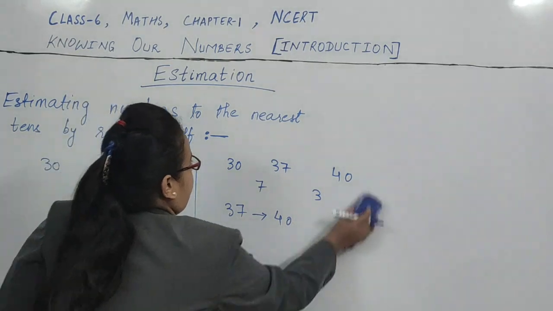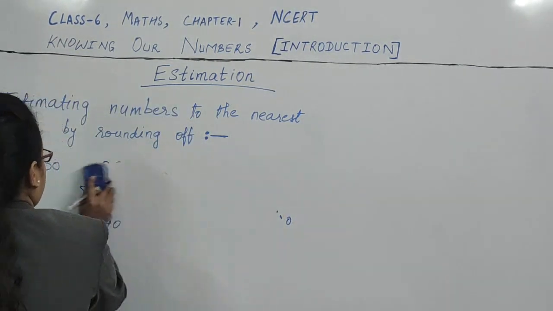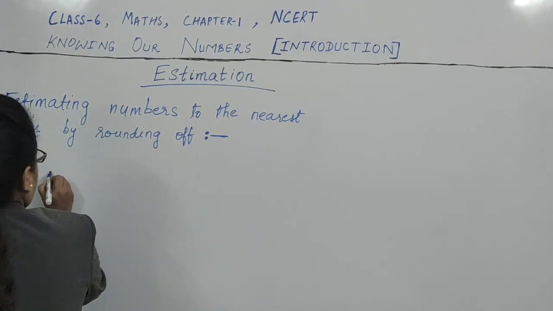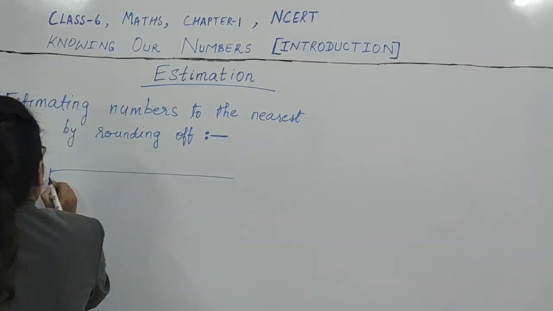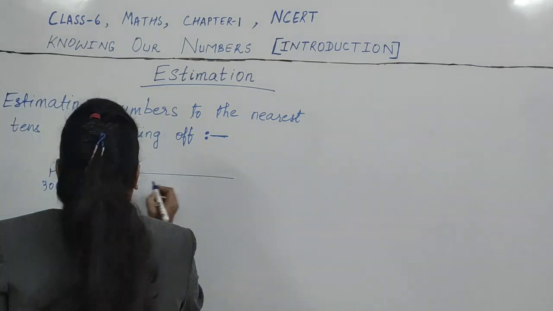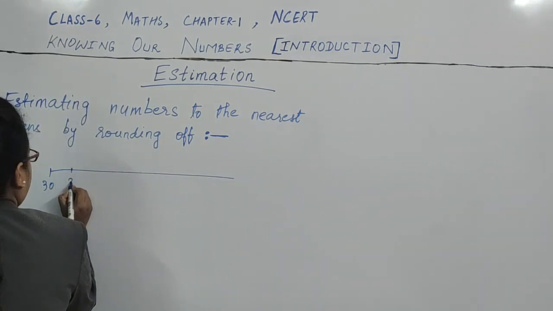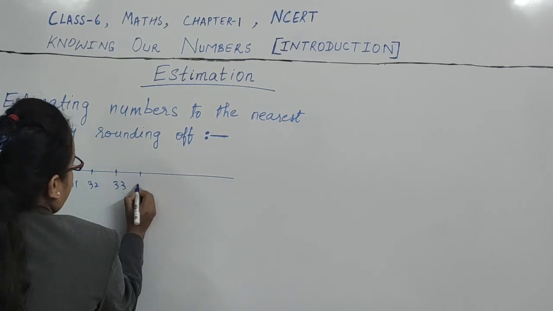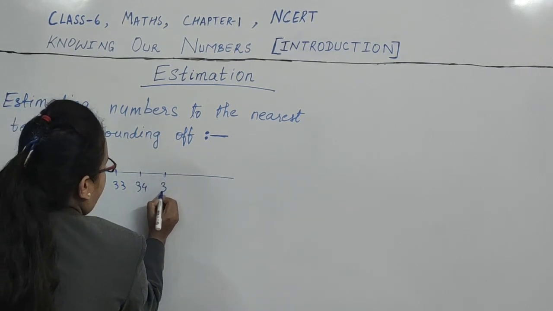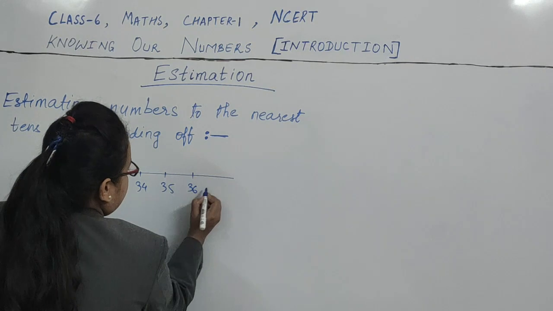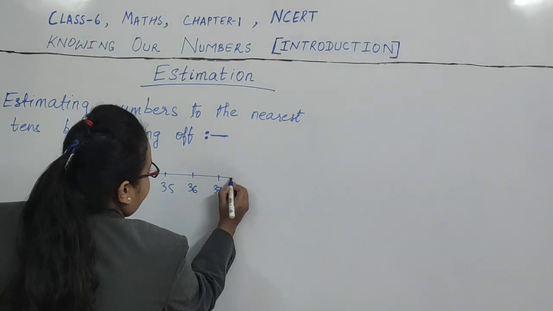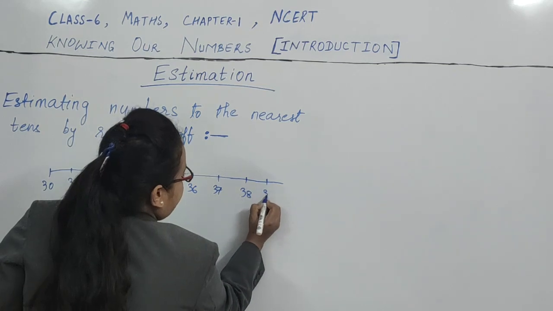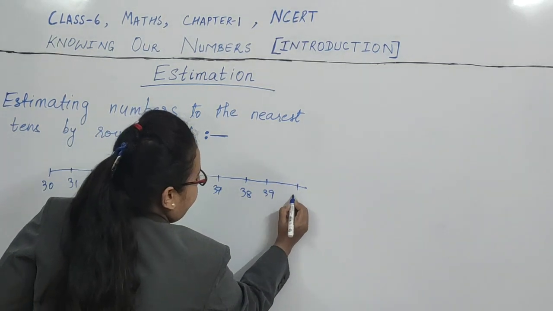Okay. So now let us take number 30. After 30, 31 will be there, 32, 33, 34, 35, 36, 37, 38, 39 and then 40.